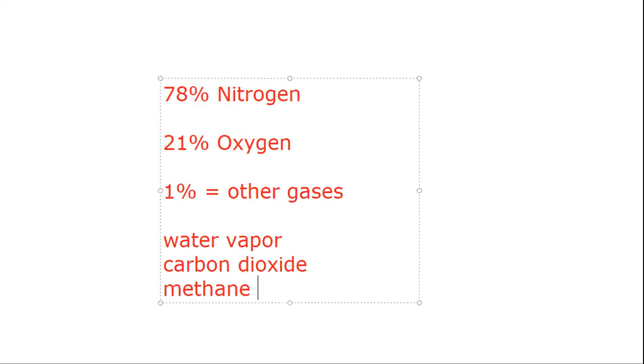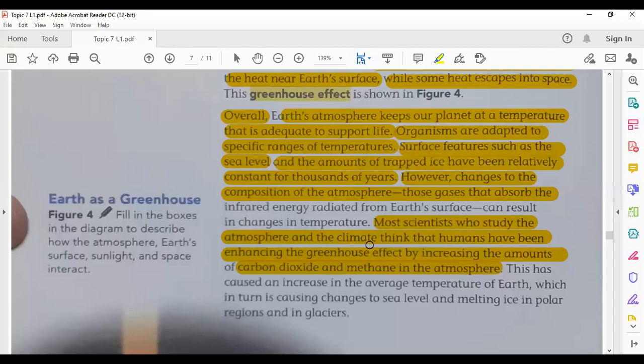But because of human activities, because we burn a lot of fuel, these two gases increased. These two gases cause an increase in the temperature of the Earth's surface. This is the greenhouse effect: these two gases, mainly carbon dioxide and methane, increase the temperature of the atmosphere.